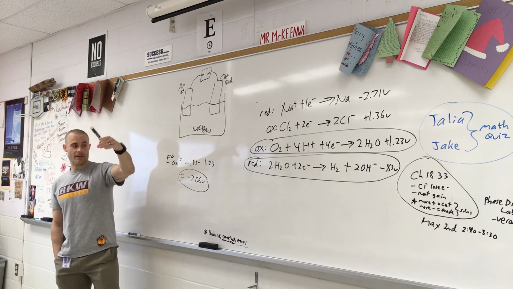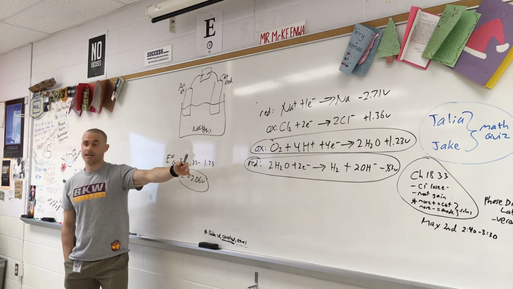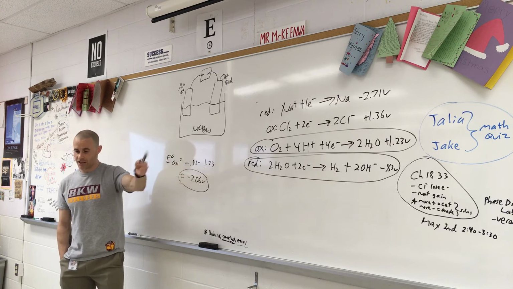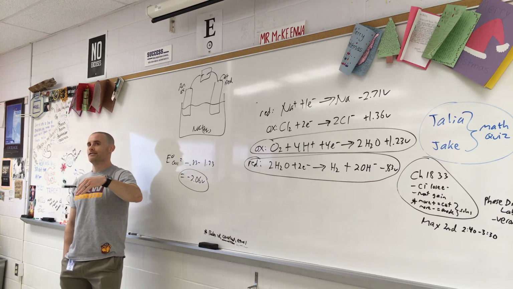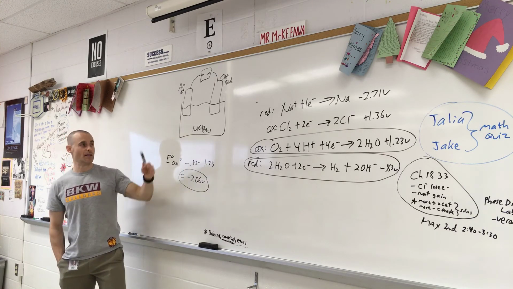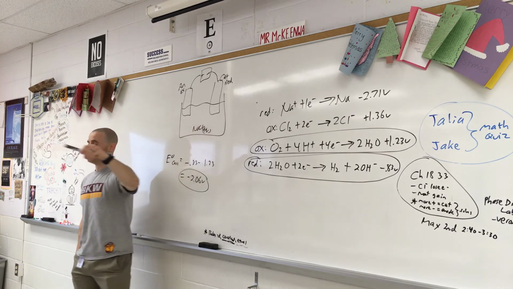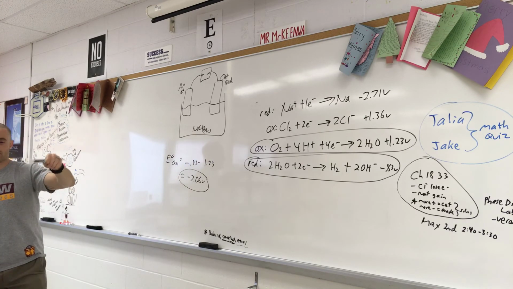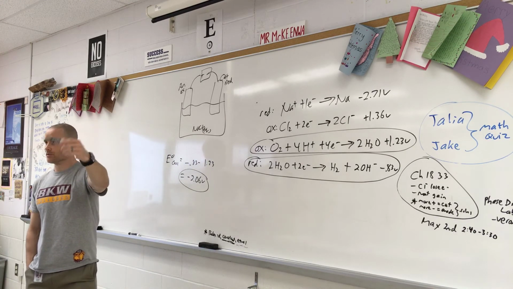And then it gets kind of crazy. They give you conditions. How many liters of gas are collected here? So that would be PV equals nRT. So that's kind of part of what we're going to get into, and we're running out of time.